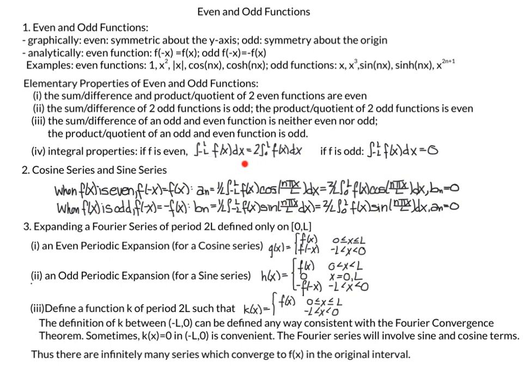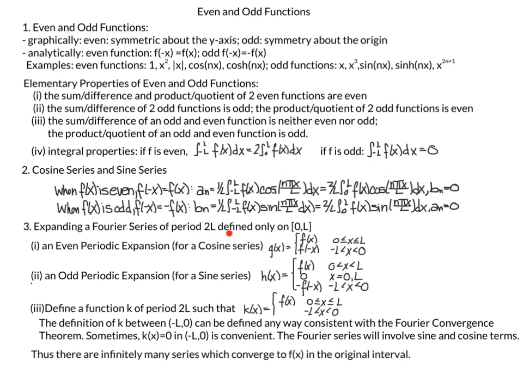So we have an even function, and we have twice the integral, but we're integrating from 0 to L. Whereas for our cosine coefficients, a sub n, cosine is an even function times an odd function, which will give us an odd function. So when we integrate from negative L to L, we're going to get 0. So our a sub n is 0. So what we get is, if f of x is even, a pure cosine series, or if f of x is odd, a pure sine series.